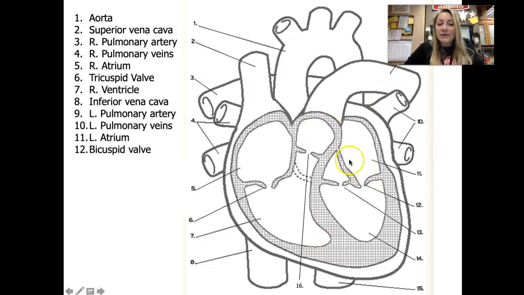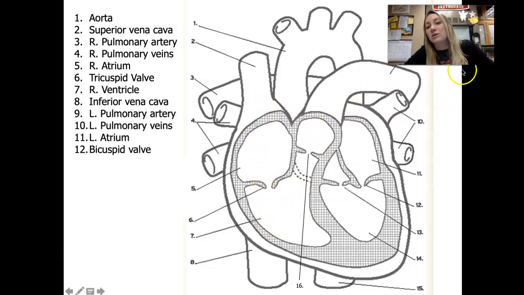Then that brings us down here to the bicuspid valve. It's also called the mitral valve. Notice tricuspid versus bicuspid is 3 versus 2. That has to do with how many tendons are attaching inside the heart. How I remembered the difference between the two of them is that when blood first enters your heart, it comes in on this side, and there's more that has to be done to the blood, and that's why this one's the tricuspid valve.